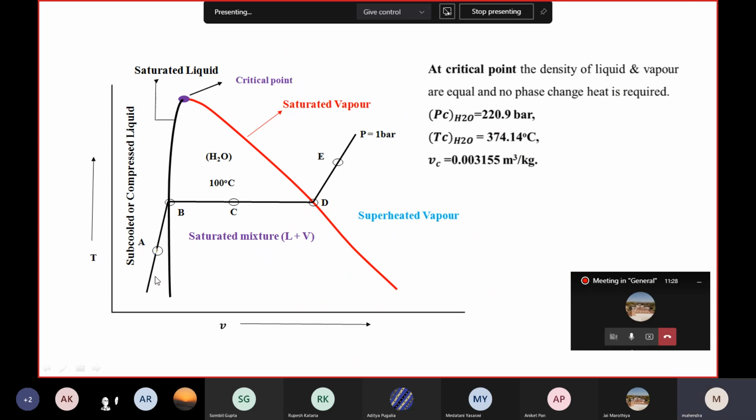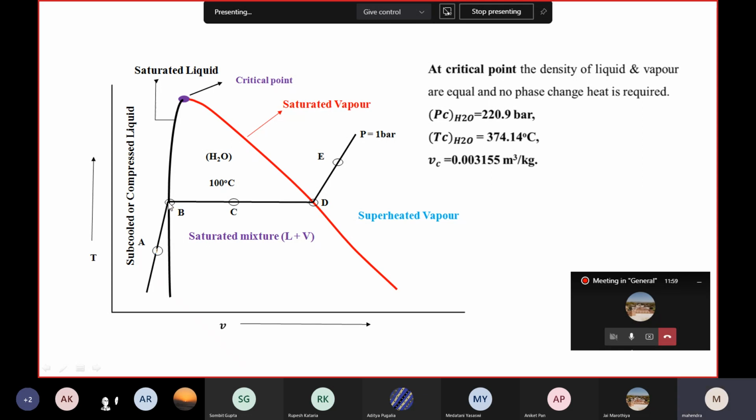See here, when you are considering pressure as constant and you keep on supplying the heat, the initial stage we can call it as subcooled. Then at one point, this point we can call it as saturated liquid.